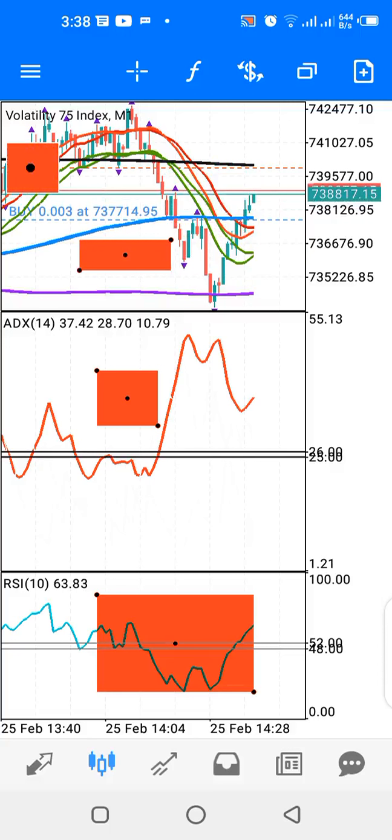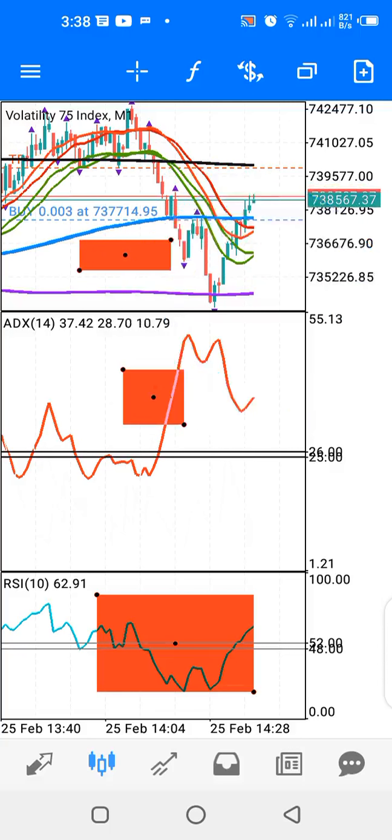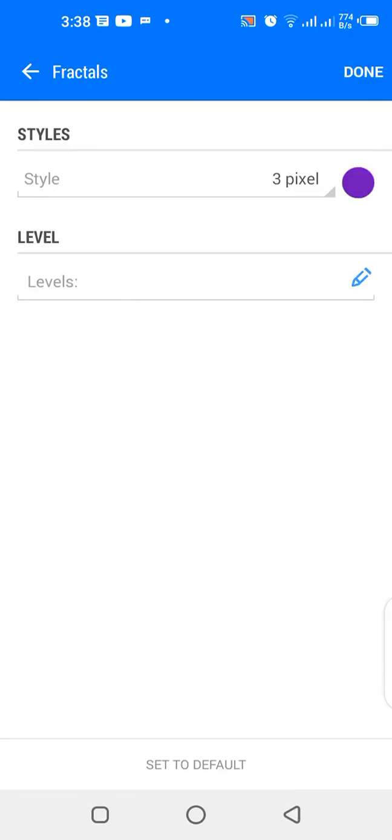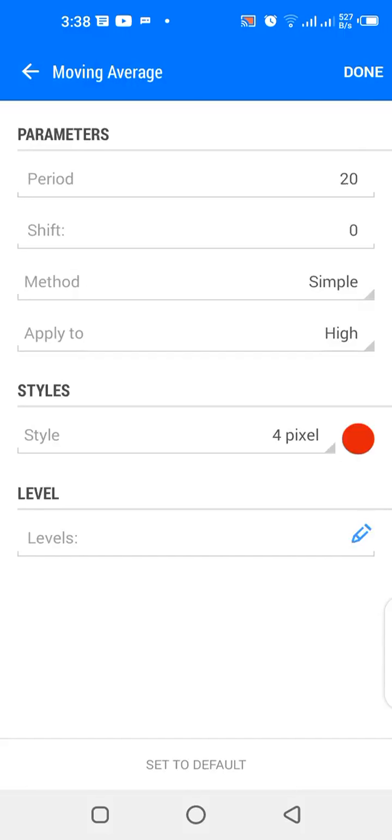Let's look at the settings. I have fractals, purple, for price rejection to identify points of support or resistance. I have a 20 period simple moving average applied to high, and the color is red.